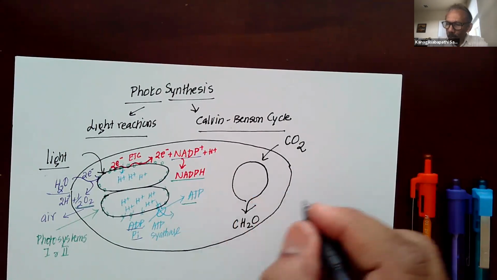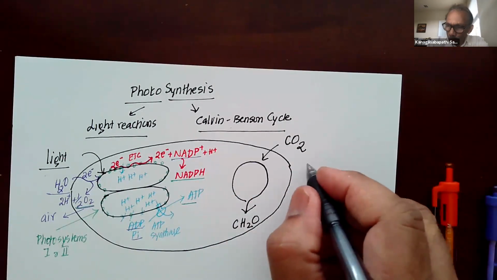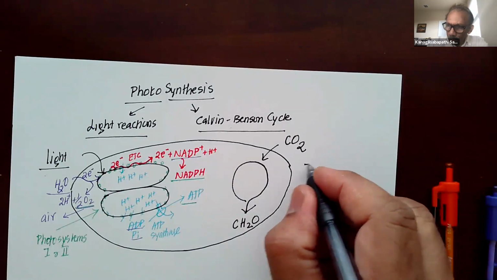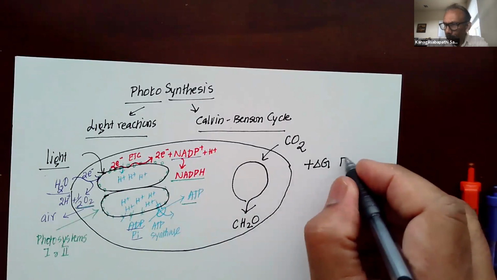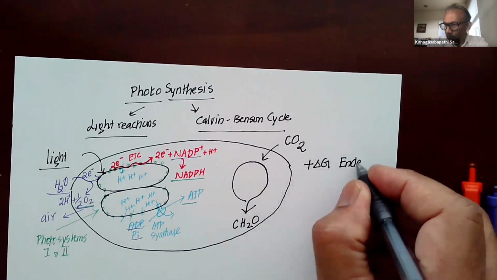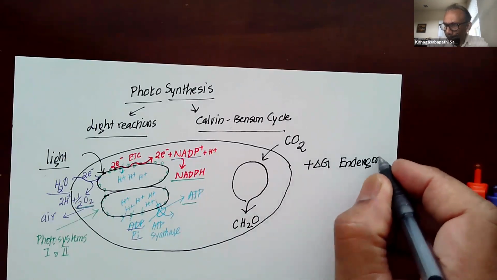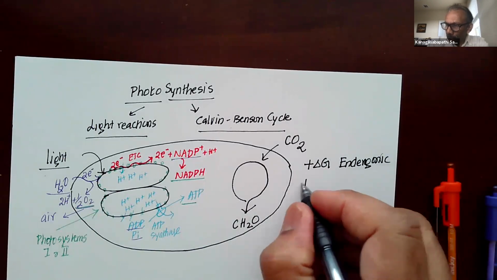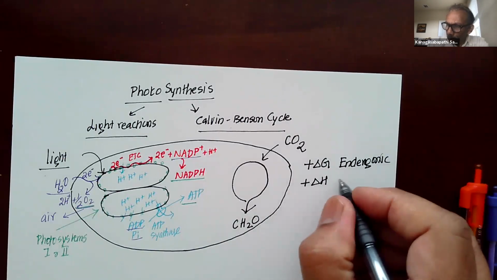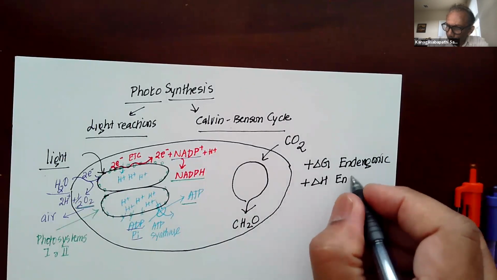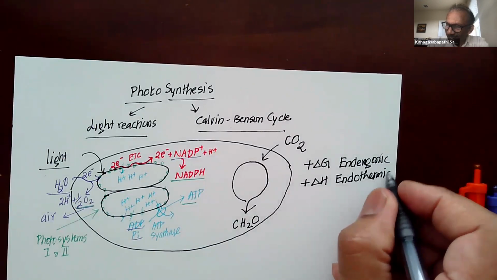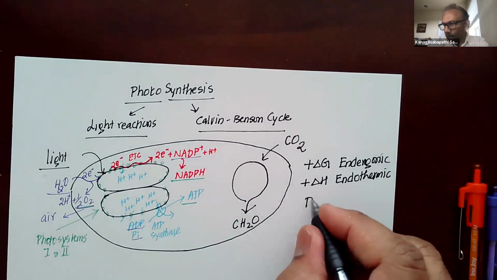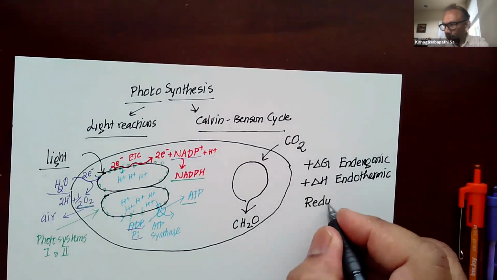And to do this, we notice that this process is an endergonic process. That means it needs more free energy. And it's an endothermic process. The potential energy is consumed, not released. And it is a reduction process.